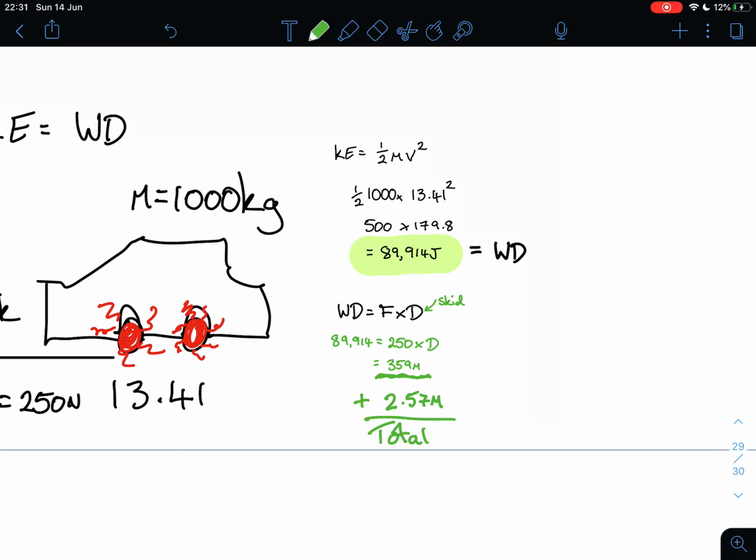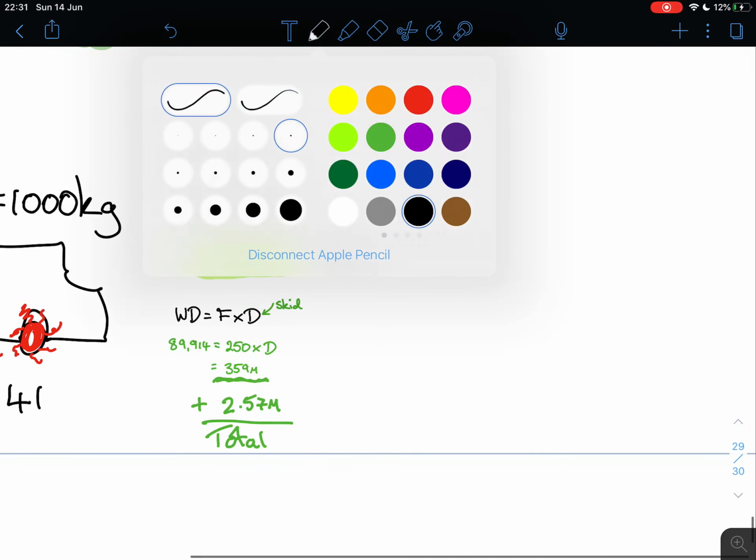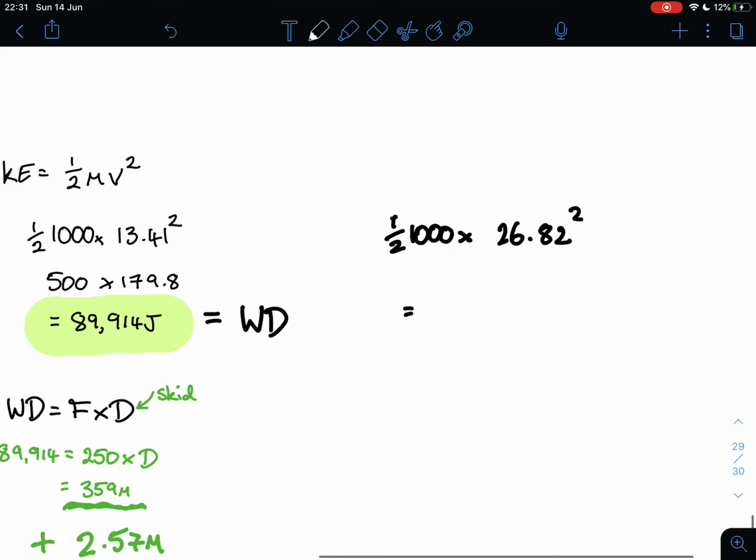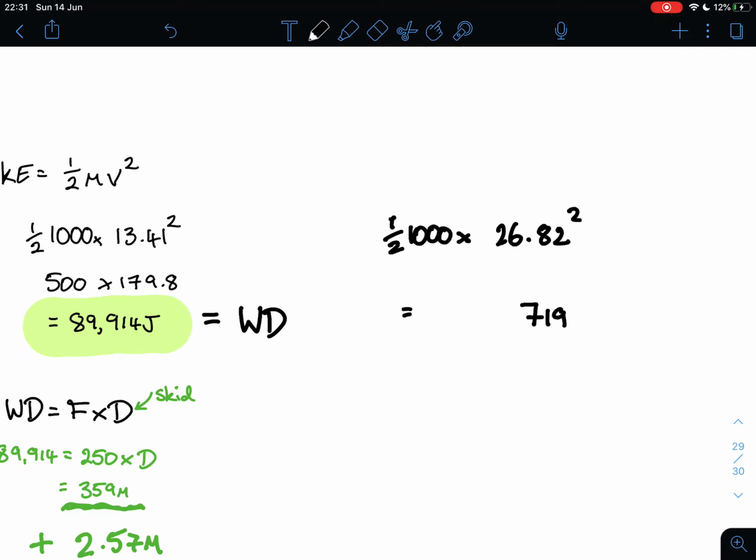Okay, going 30. Now, here's the kicker. This is the bit that catches everybody out. Imagine I was going twice as fast. So half of 1,000 times, not 13.41, but 26.82 squared. Now let's have a look at what happens to the amount of kinetic energy. It goes crazy. 26.82 times 26.82. Well, straight away that's 719 times 500.